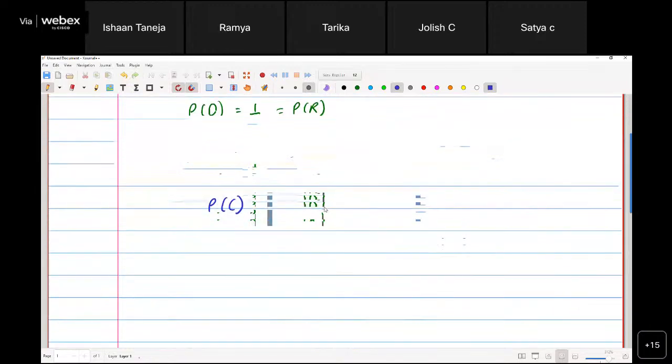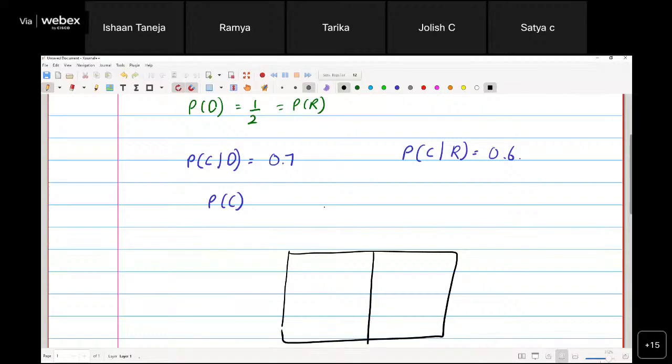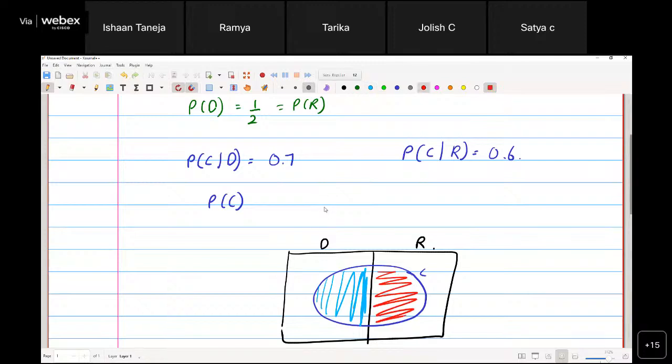If you want to visualize it, it would be something like this. These are equally likely, player D and player R. This is your event C, that it is correctly served. This region plus this region would give you the probability of C.